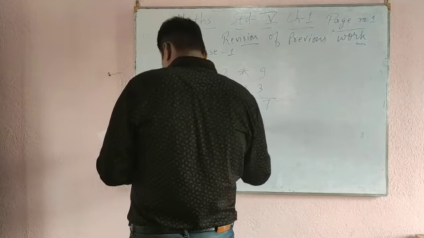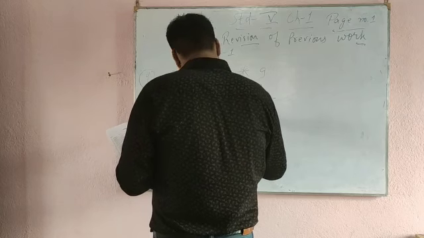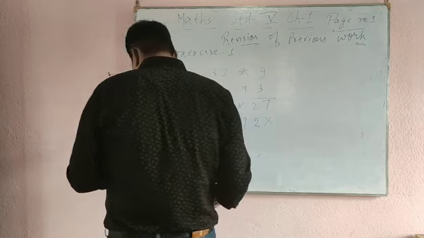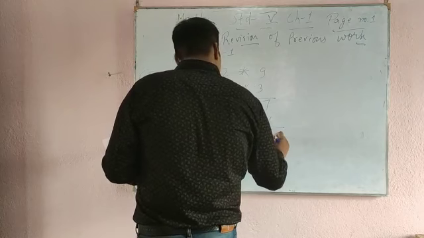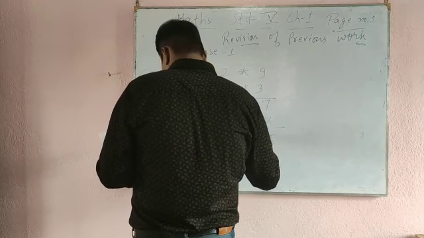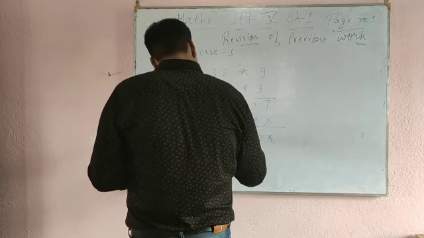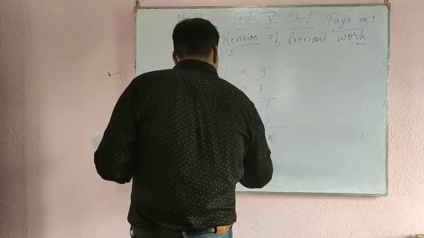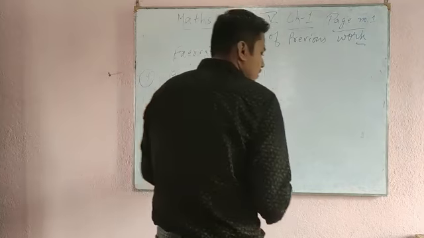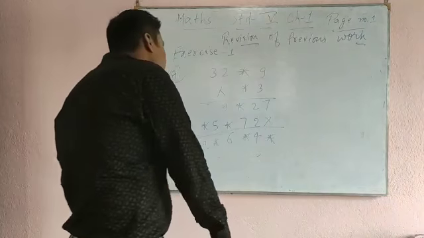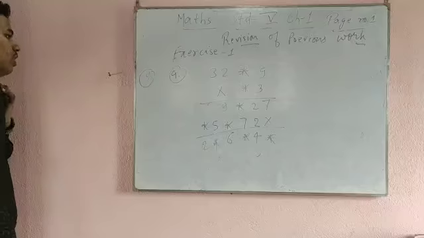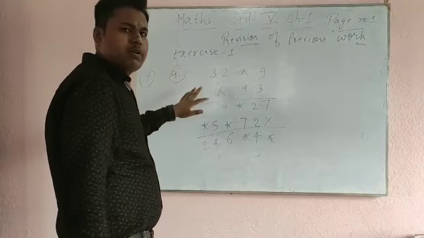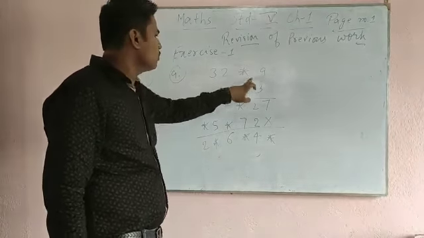Again here star. Again here 7 2. Here multiplication. Now here star 4 star 6 star 2. Now you have to replace this star by a correct digit. Understood? Now everyone knows the table of 3.